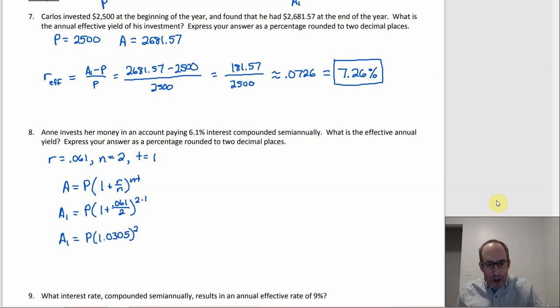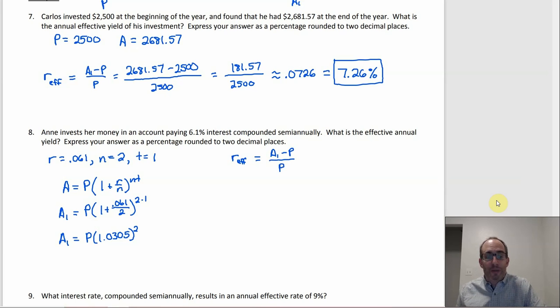And for now, I'm just going to stop here. So then what we want is the effective annual yield, the R sub EFF. And we said that was going to be A sub 1 minus P over P.